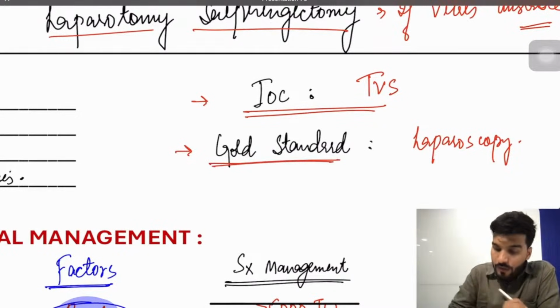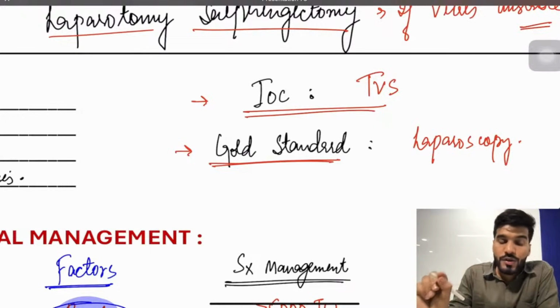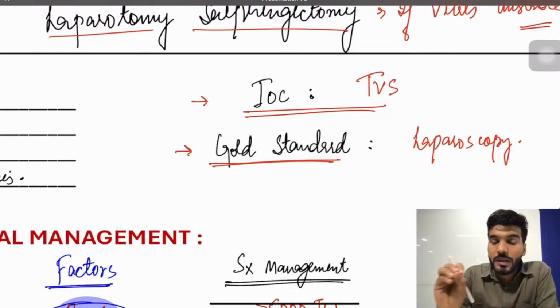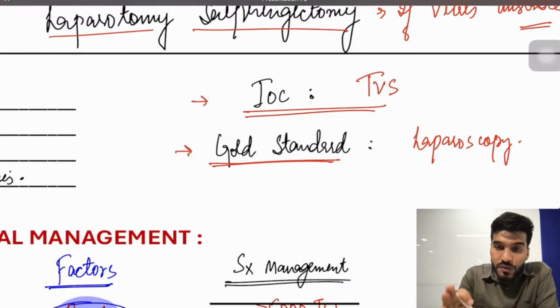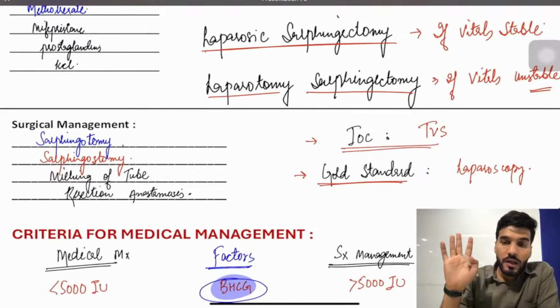Now remember guys, we also check the beta hCG levels prior to that. If the USG is inconclusive, I'm repeating, if a question mentions USG is inconclusive, what will be your treatment? First we have to diagnose whether the pregnancy is inside the tube or inside the uterus, so you're going to do beta hCG levels. Now with beta hCG levels, three scenarios.